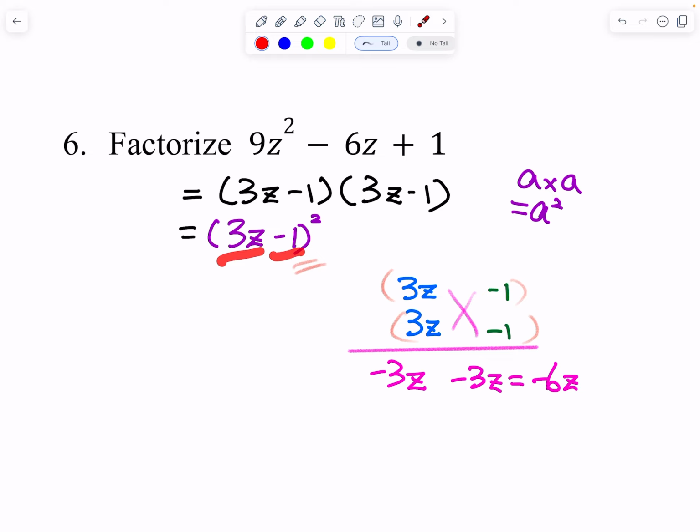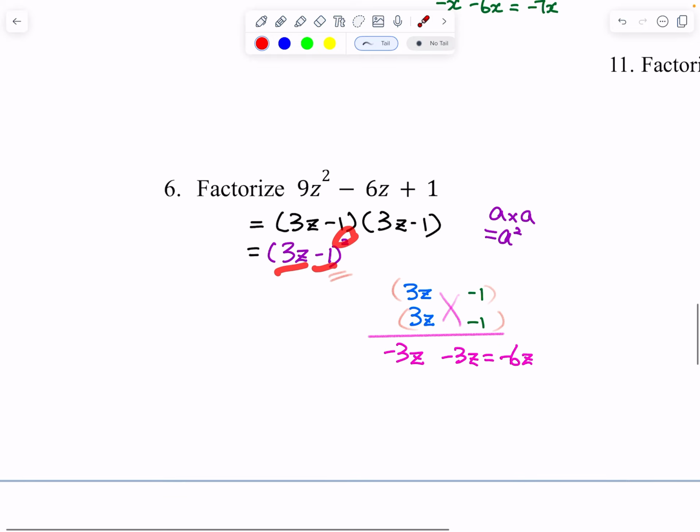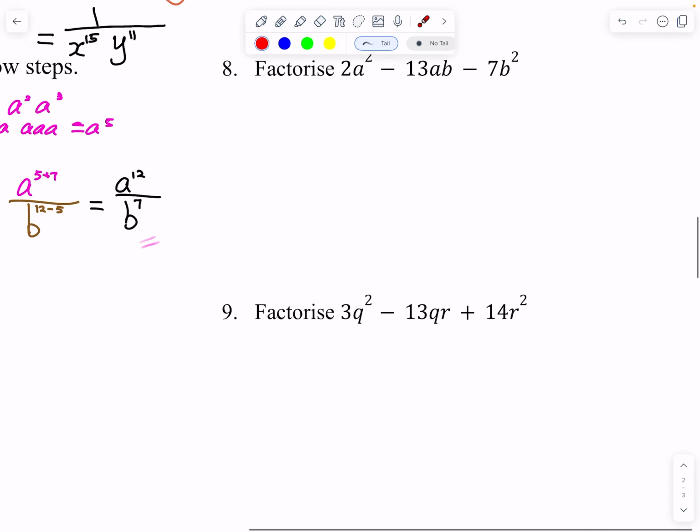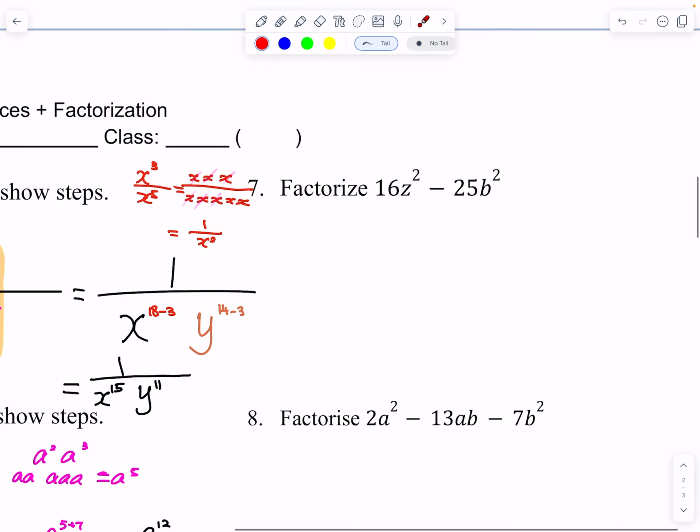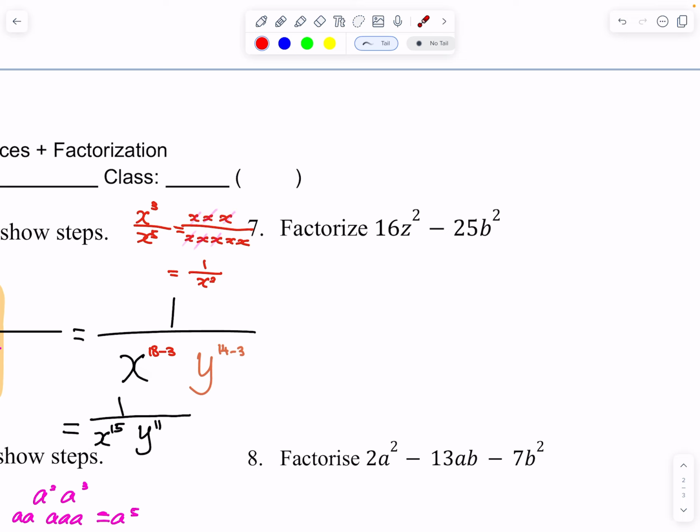It becomes a minus b squared. Yeah? I know it's hard to remember everything. That's fine. For this one, it's not a must, but it's better to use identities. Now you can still do the cross method for this one. I just don't suggest it.